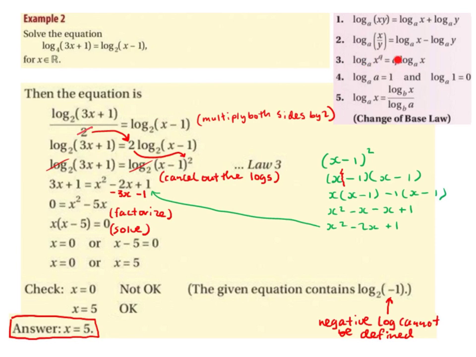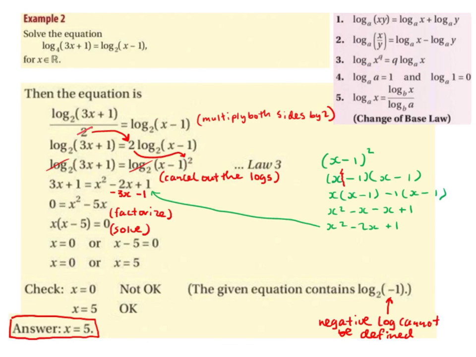So the q, which is in front of the log, now becomes the power of the x. So the 2 that was in front of the log now becomes the power of x minus 1. So on my left hand side I still have log base 2 of 3x plus 1, and on my right hand side I now have log base 2 of x minus 1 squared.